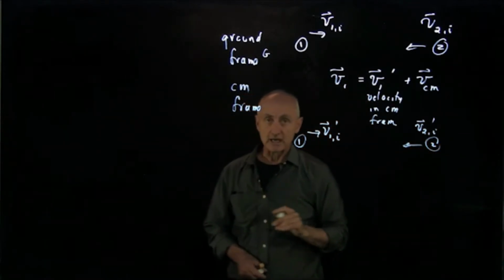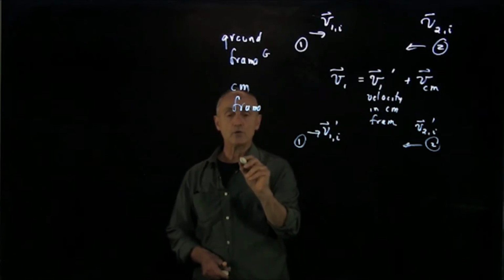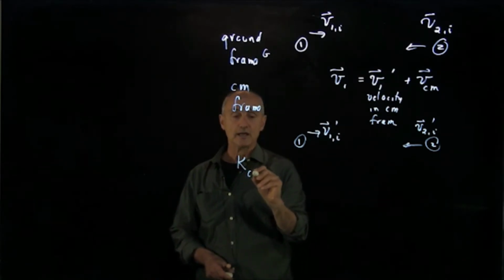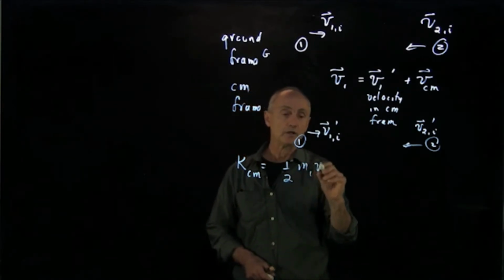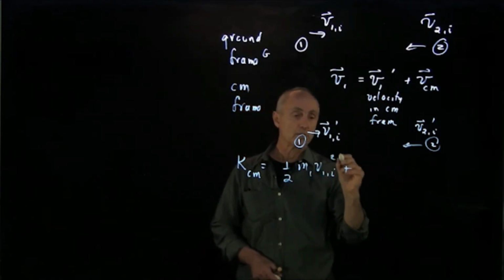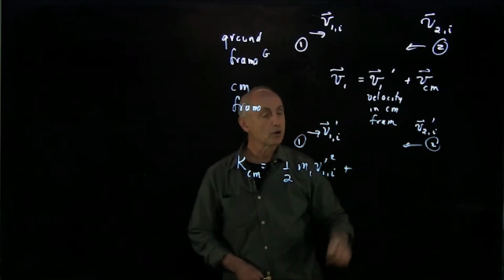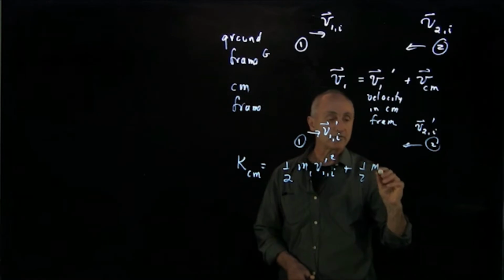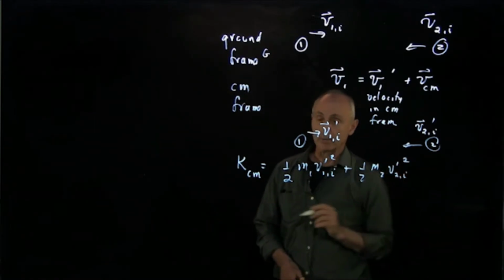Now let's compare kinetic energies in these different frames. We know that the kinetic energy in the center of mass frame is just 1/2 m1 v1 initial prime squared, plus 1/2 m2 v2 initial prime squared.